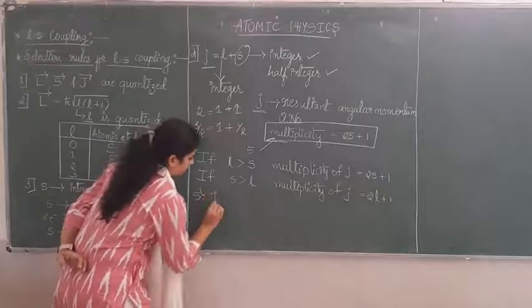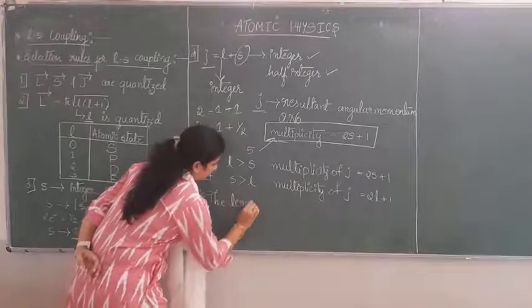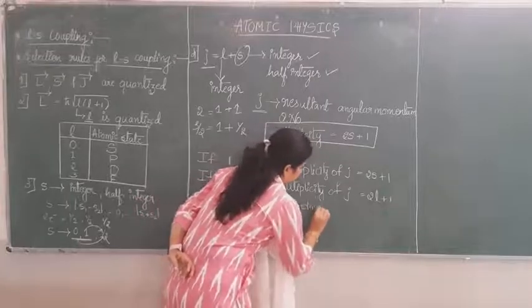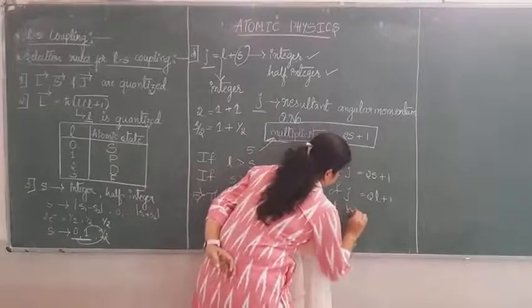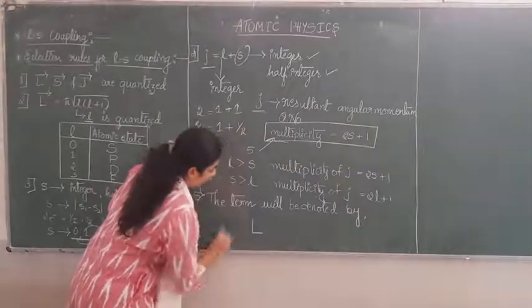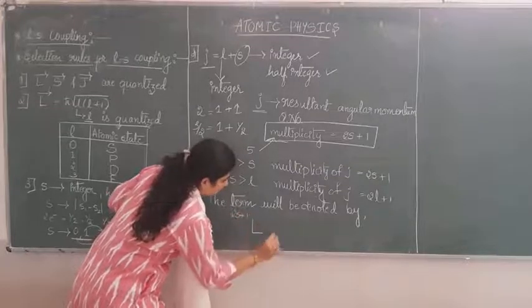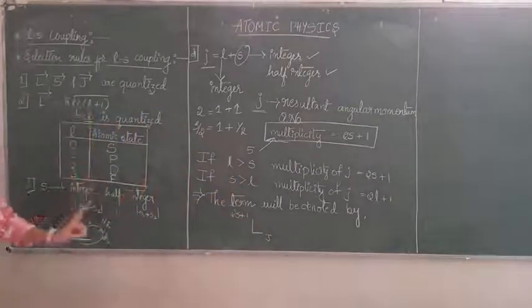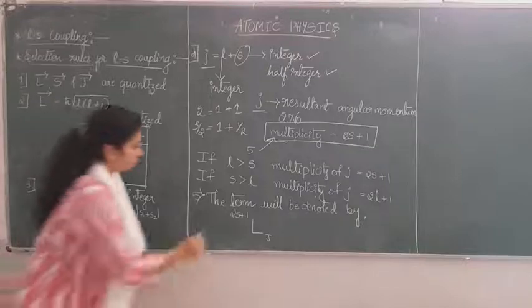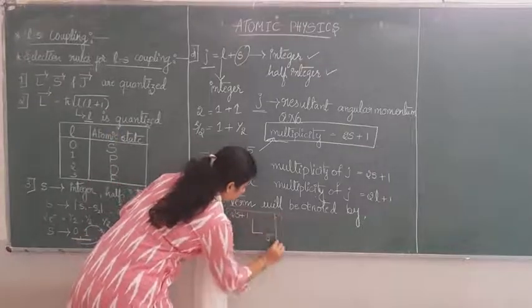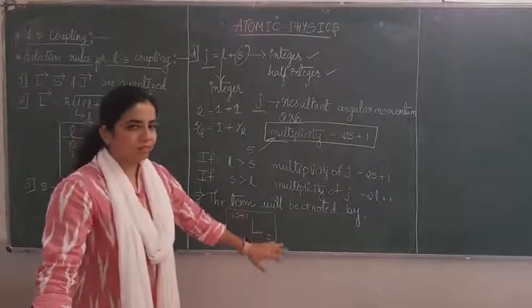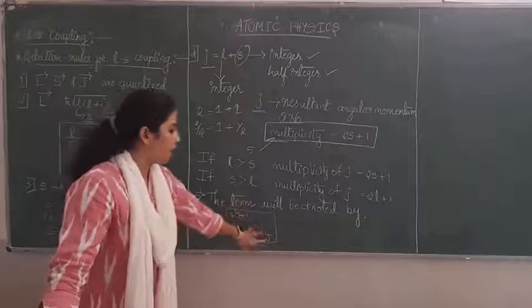That term will be denoted by, see here carefully, L 2S plus 1 J. We have to read it as L 2S plus 1 J. So this is the term value.